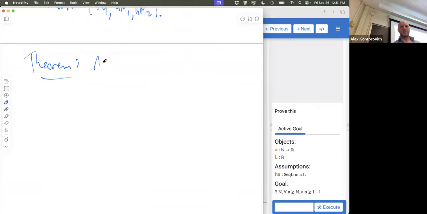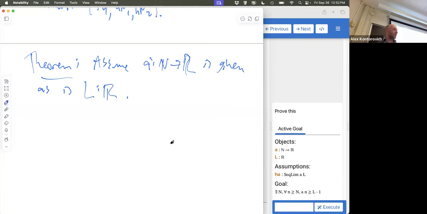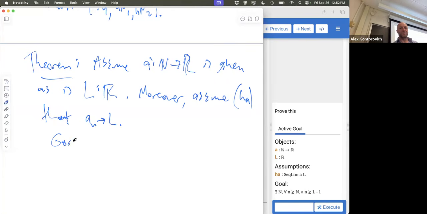The theorem says, assume we have a sequence A is given, and a real number L. Assume further, and I'll give this the name HA, that A_N goes to L. And the claim, the goal, is to show that there exists an N so that for all n greater than N, A_n, no absolute values, is at least L minus 1.